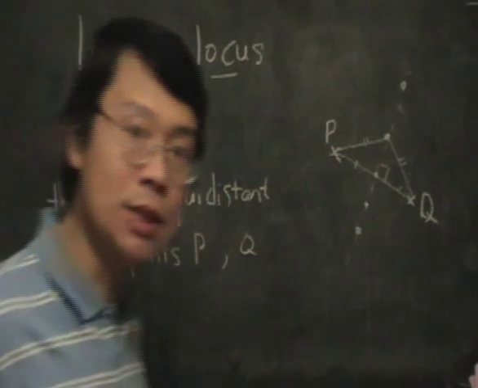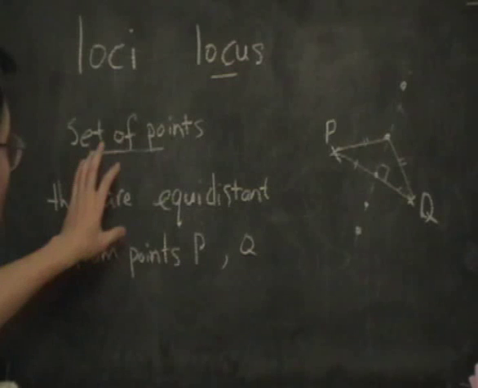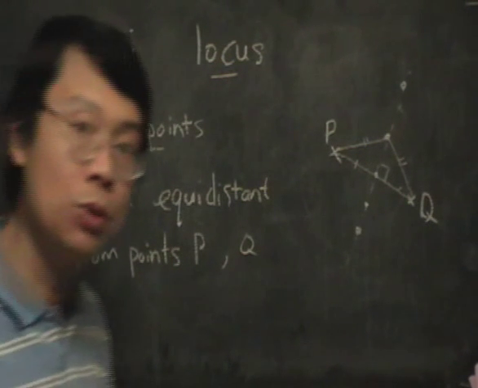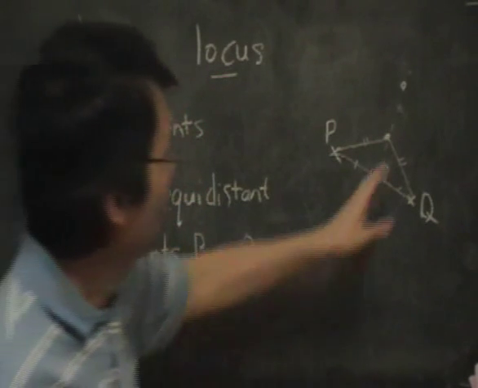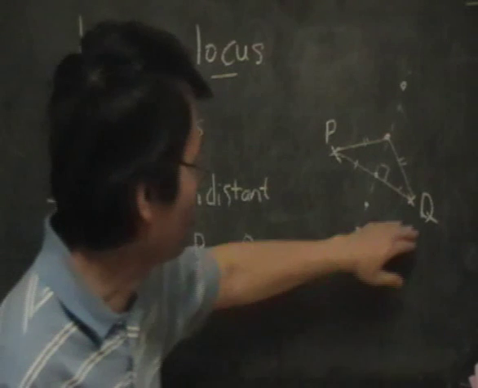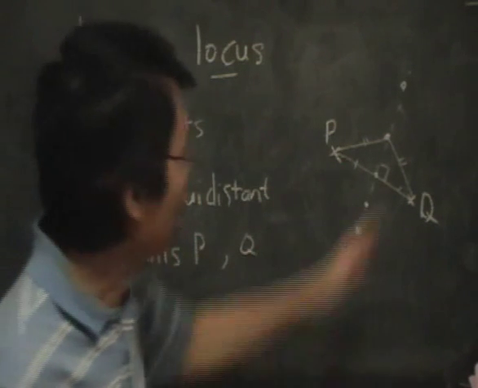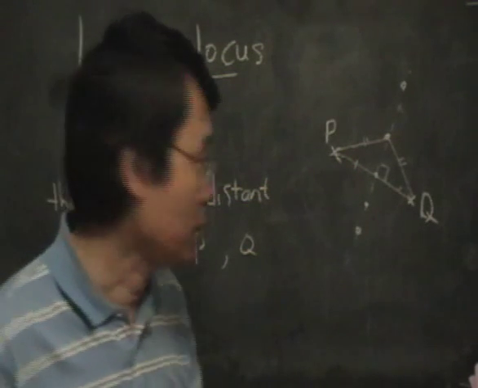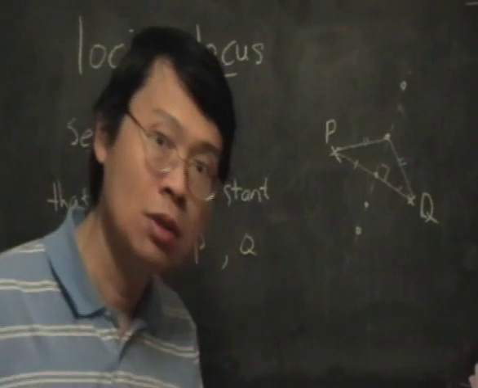So once we have this understanding, we now know that the set of points that are equidistant from points P and Q is simply the perpendicular bisector of the line PQ, meaning a perpendicular line that cuts PQ into half. And we know how to construct that.